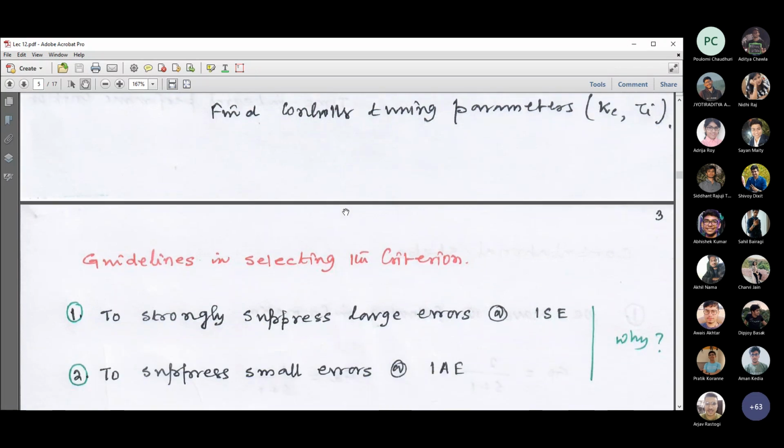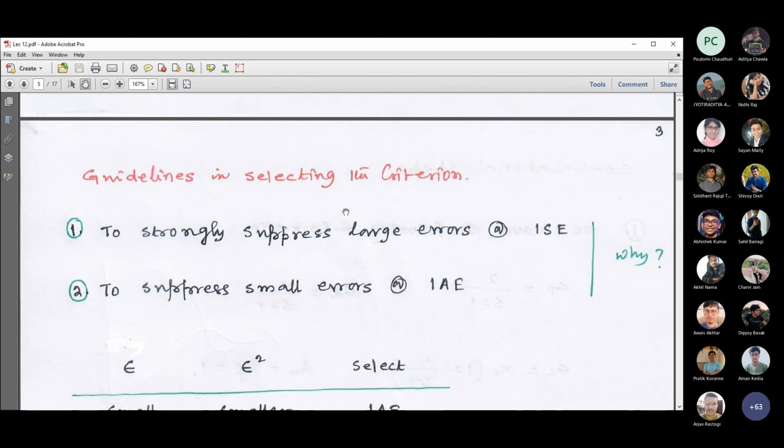If you would like to suppress small errors, you go for IAE criteria. But still, I am not understanding why this is so. Let us come to get the answer of this question, why it is so.